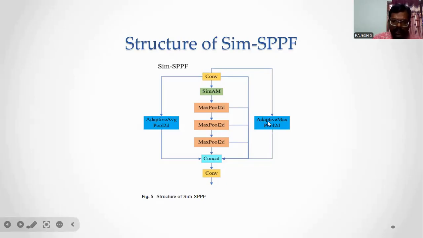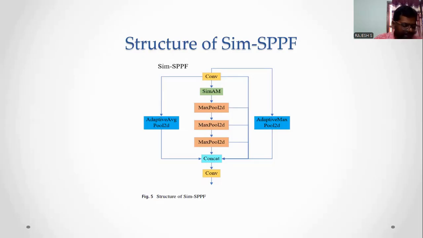Now here we find adaptive max pool 2D. It reduces the image and takes the maximum value from each part. So this one takes the average value of each part, and this one takes the maximum value of each part.